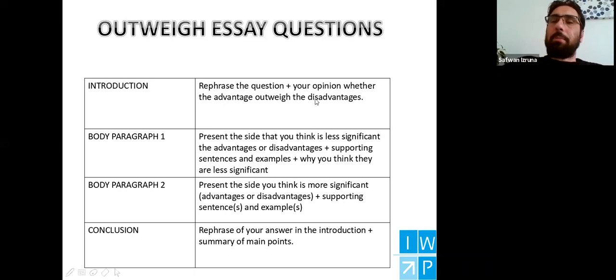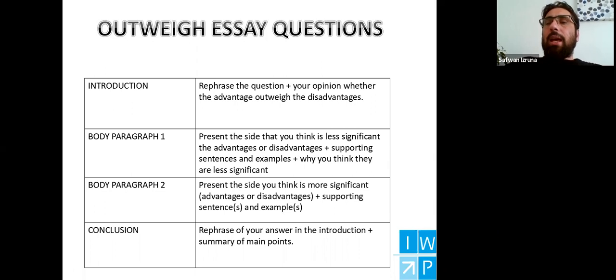So we could say, in my opinion, the advantages of teaching a foreign language in primary school outweigh its disadvantages. Okay, so we make our opinion on which is more significant very, very clear.